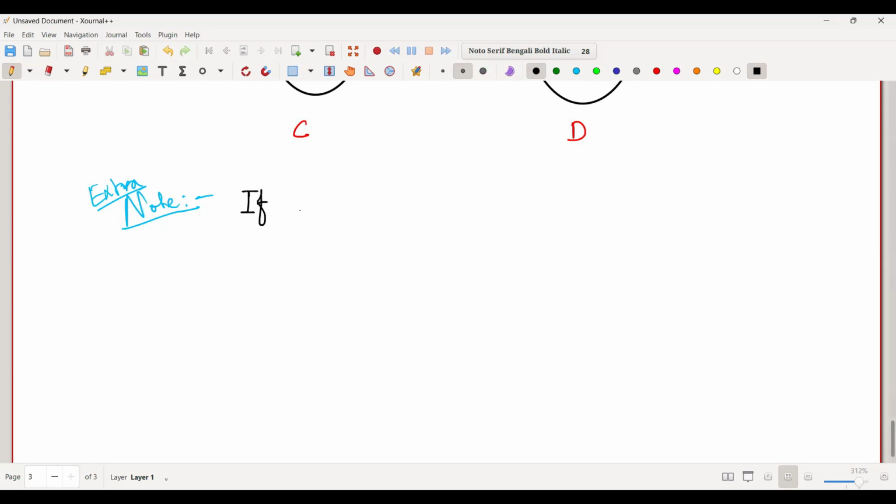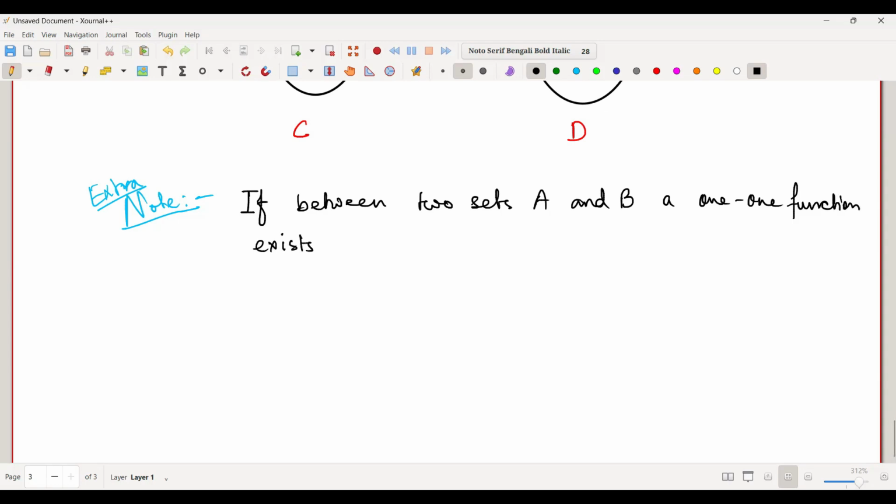If between two sets A and B a one-one function exists, that means cardinality of A is less than or equal to cardinality of B. This is one.